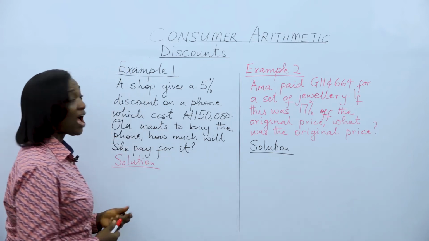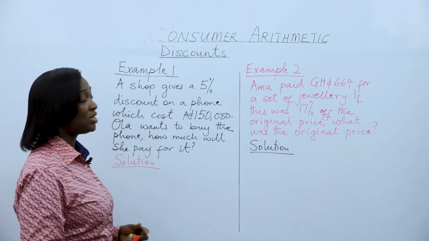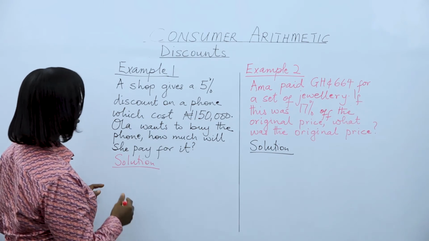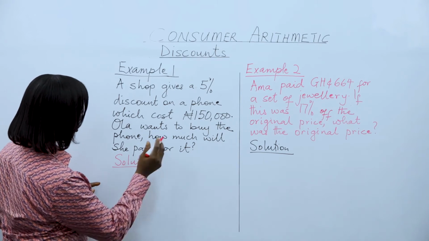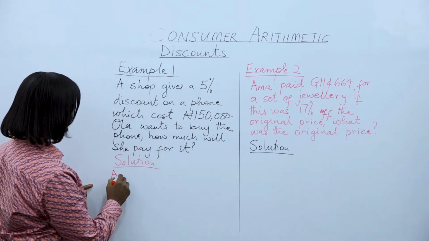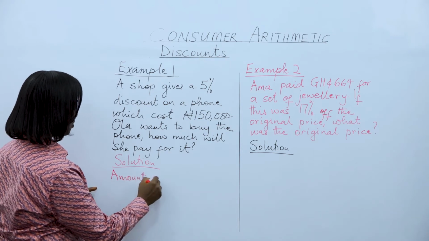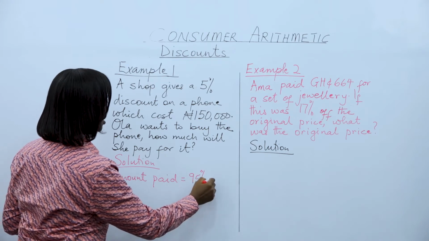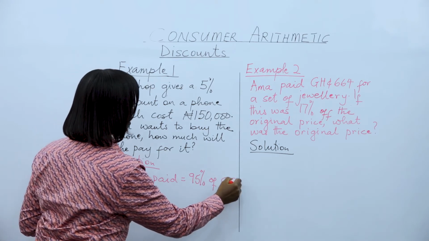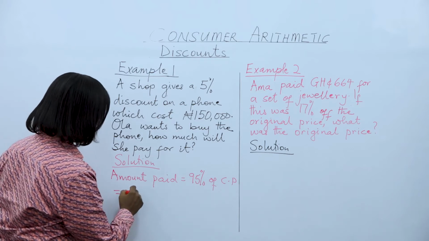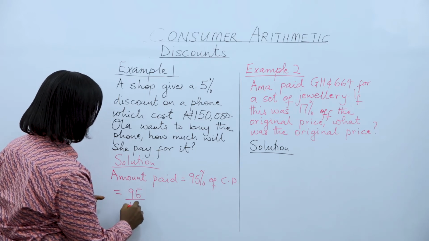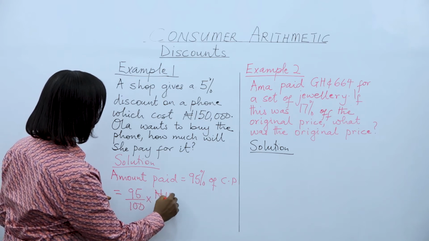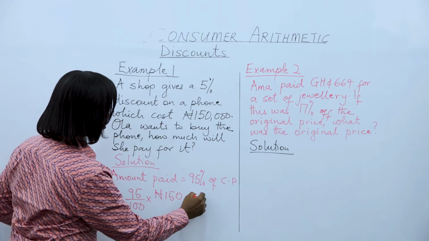So for example 1, I'd like to take the shorter method where we simply find 95%. So how much did she pay for it? Amount paid equals 95% of the cost price, which is equal to 95 over 100 times 150,000 naira.